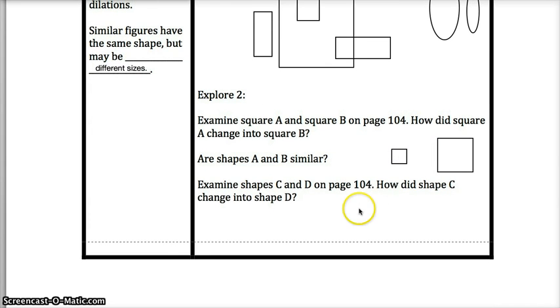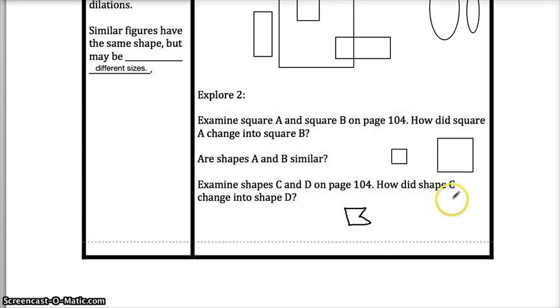And then for shapes C and D, in the middle of page 104 on the graph, you have a shape that looks like this. I'll draw D first to the best I can.